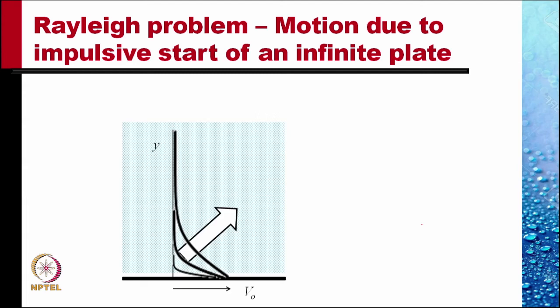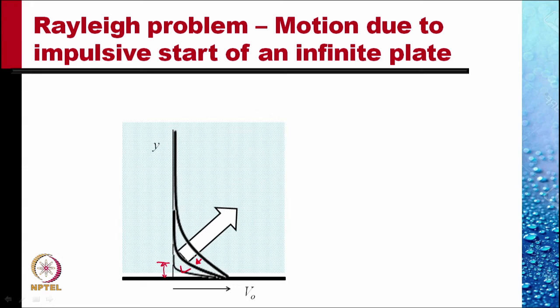This would be the velocity profile for increasing times. For very small time, the velocity profile is like this. The velocity reaches 0 in a very small distance. At a little later time, this is the velocity profile.